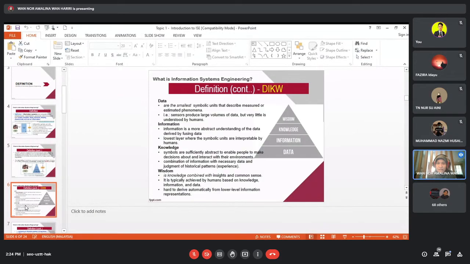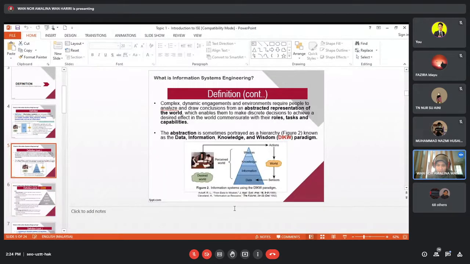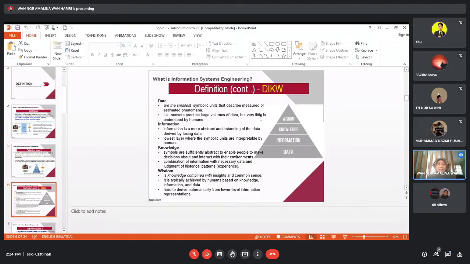So based on the definition of this paper, from data to wisdom, look here. That's the reference. Okay. So data, the definition of each one. Data: smallest symbolic units. Then information is the processed data, a more abstract understanding of the data derived by fusing, combining the data.